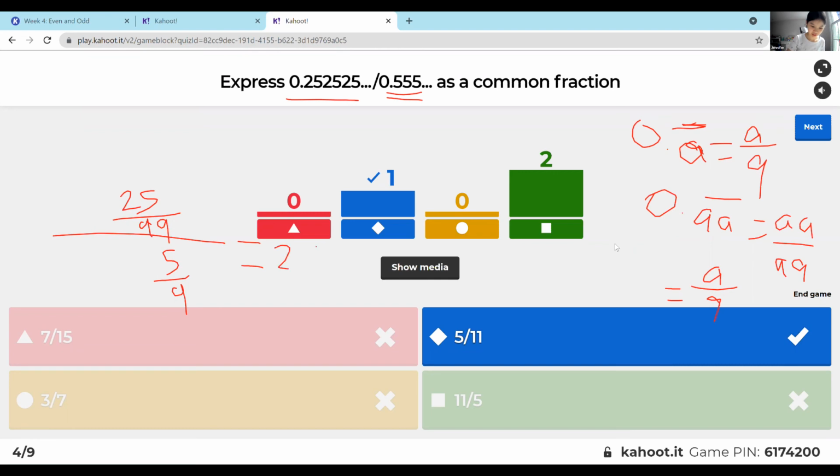And moving on, by using the rule for dividing by a fraction, it will become 25 over 99 times 9 over 5, which you could divide out to get 5 over 11.